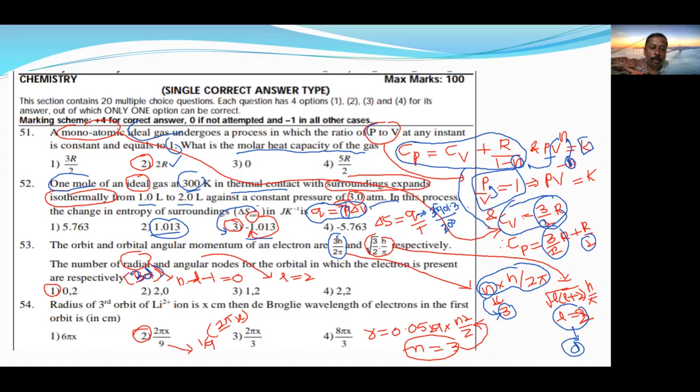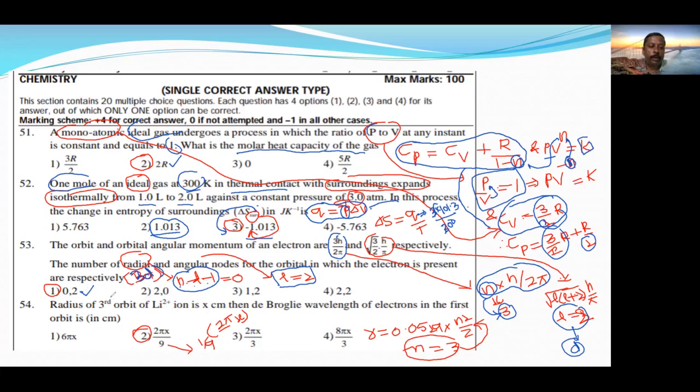Radial nodes are equal to n minus L minus 1, and angular nodes, the planar nodes, are equal to L. So L is equal to 2, therefore angular nodes will be 2, and 3 minus 2 minus 1 gives 0 radial nodes. So 0 comma 2, that is the first option.